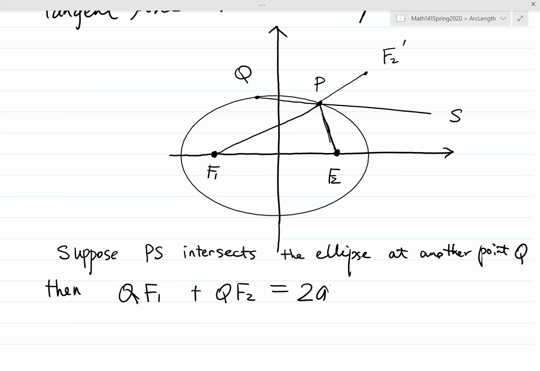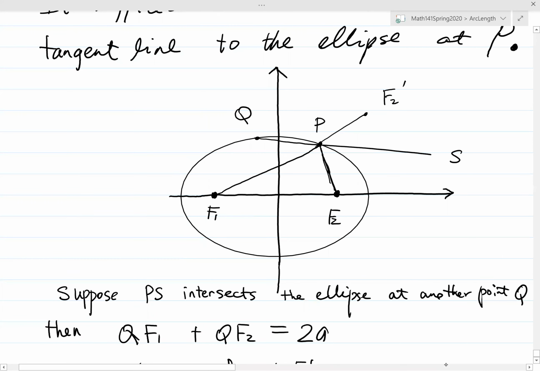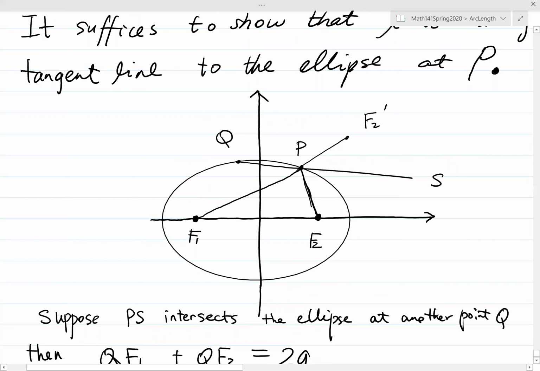Now we do something. Remember, PS is the bisector of the angle F2 prime PF2. So if we have a triangle, we have some geometric condition. So let's connect Q and F1. So let's see some relation.